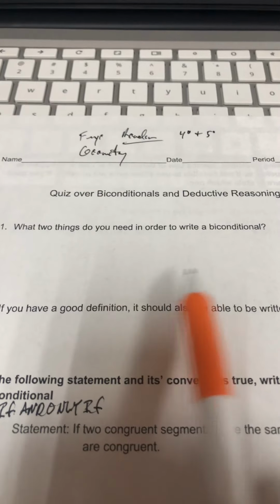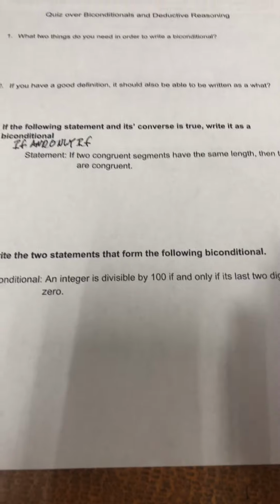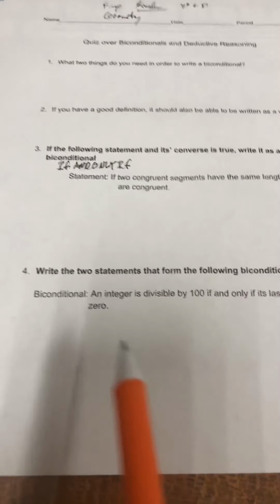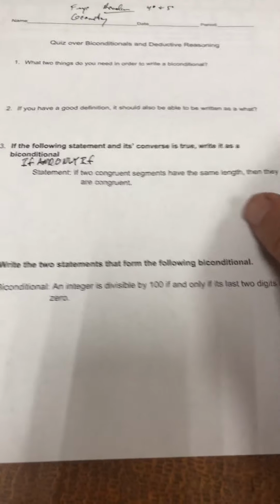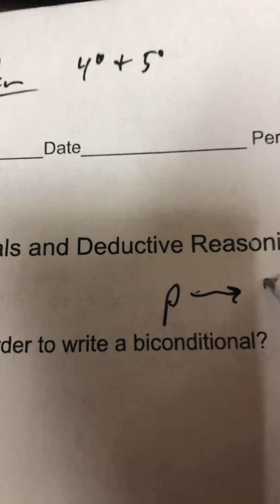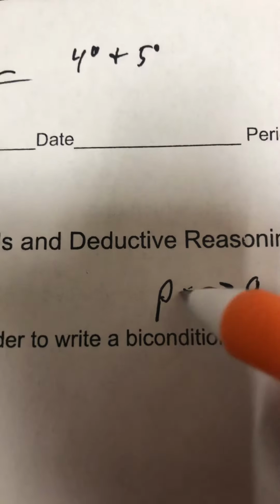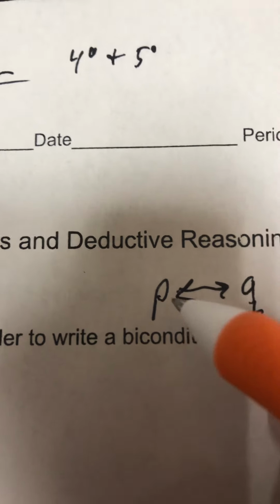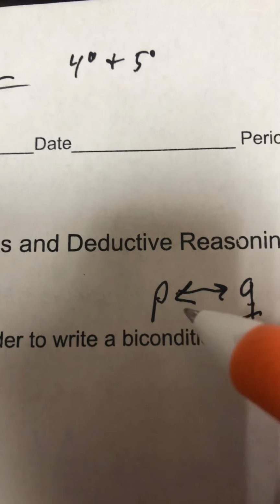So you're writing the conditional and you're writing the reverse. So it's going to go both ways. Remember the biconditional symbol: you had your P, your hypothesis, and your conclusion, Q, but the arrow went both ways, so it can go backwards or forwards. That makes it biconditional.